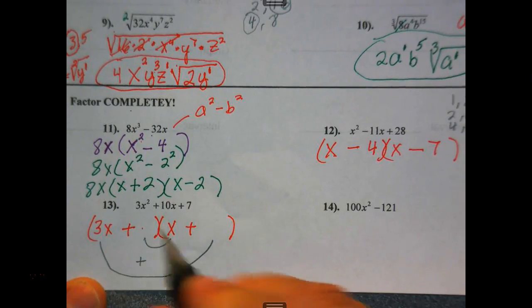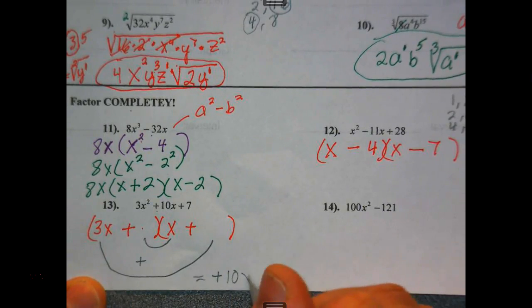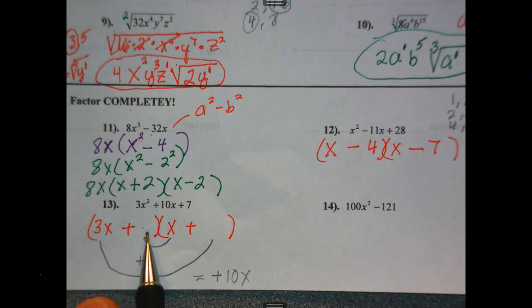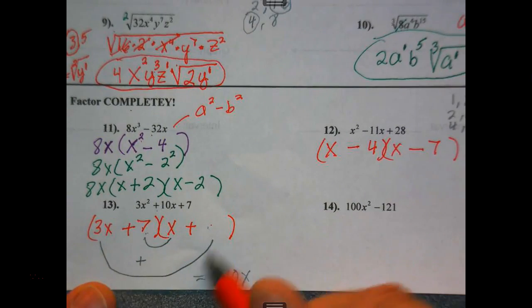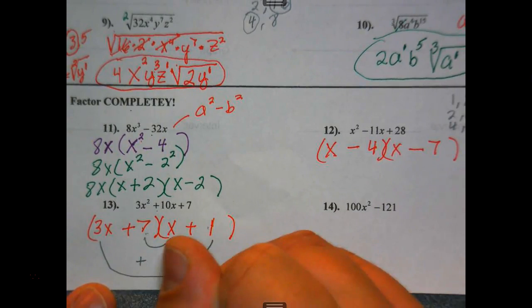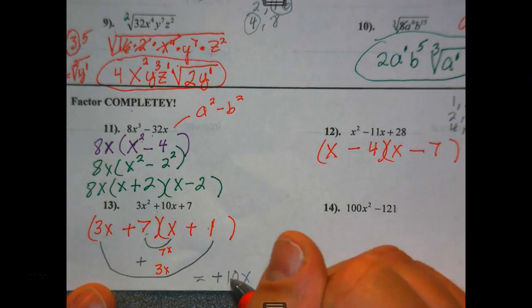They have to equal positive 10x. Is the 7 going to go here, or is the 7 going to go there? 7 goes first. Because if I put it here, I'll get 21x. So I get 7x plus 3x, and that gives me my 10x.